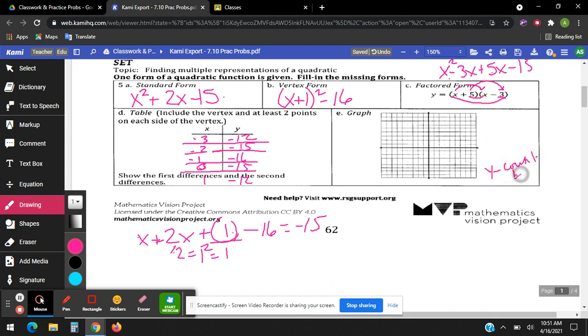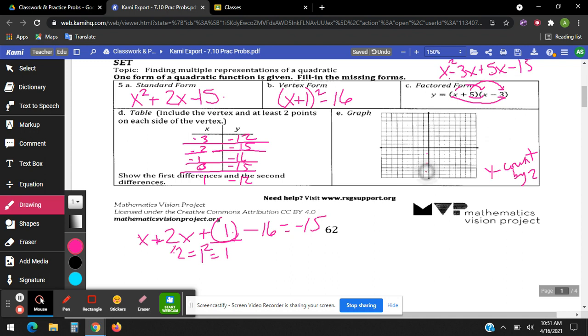count by 2. I don't really have a lot of space to write all those with mine. So 0 is negative 15. So 2, 4, 6, 8, 10, 12, 14.